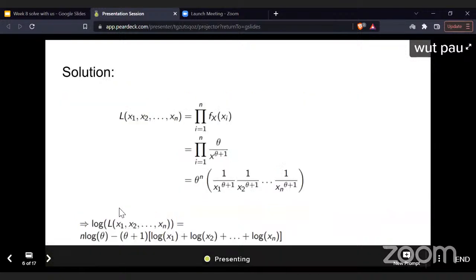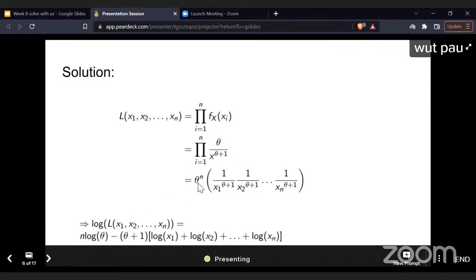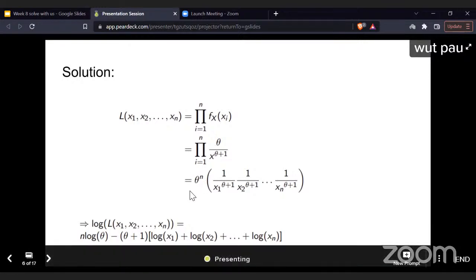Now once you find the likelihood function, you do the log likelihood, right? So you take the log of theta to the power n times 1 divided by x1 to the power theta plus 1 and so on. Once you take the log, you know that log of a times b becomes log of a plus log of b, right? So here theta to the power n is the first term, and the term in the bracket is the second term.